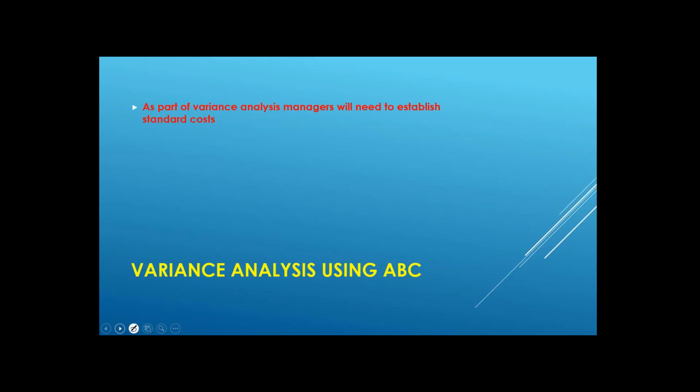If you use activity-based costing in variance analysis, surely it is going to give you a better picture, because it goes into more detail on the variances. People will be more concerned and more focused. So variance analysis can be done in activity-based costing.